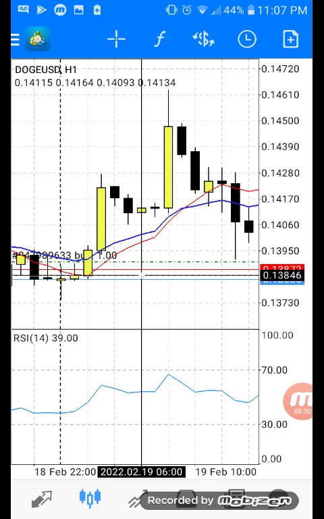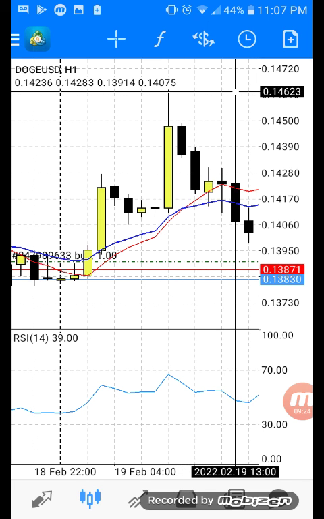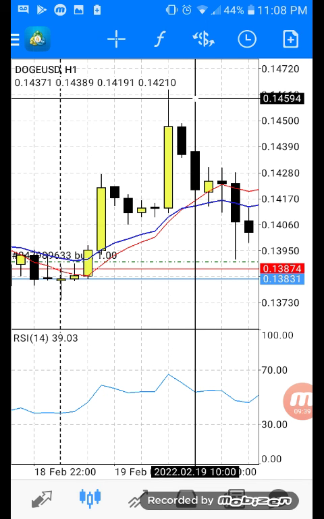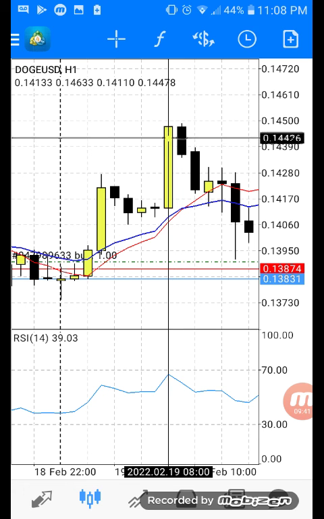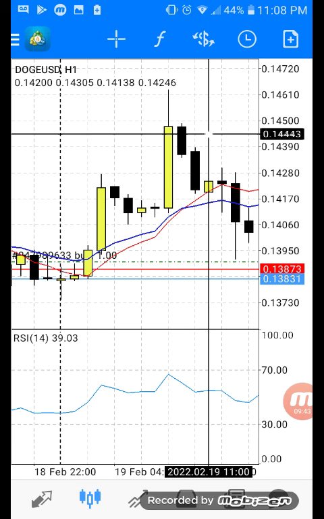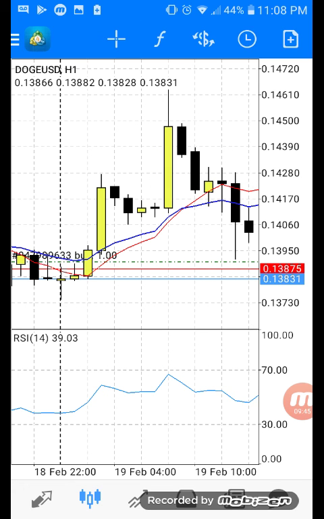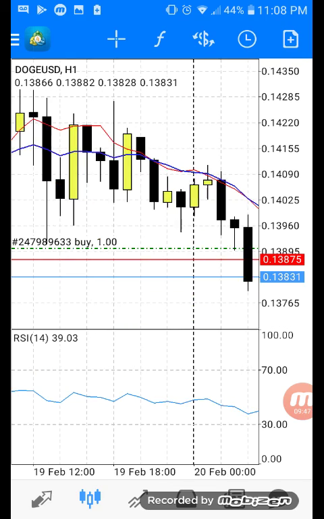This was February 19th, 2022, and it went all the way up to 0.14623. This was just yesterday. Price went all the way up here, and then it shows us this evening star pattern: yellow candlestick, star, and then black candlestick, and we've been in a downtrend ever since.